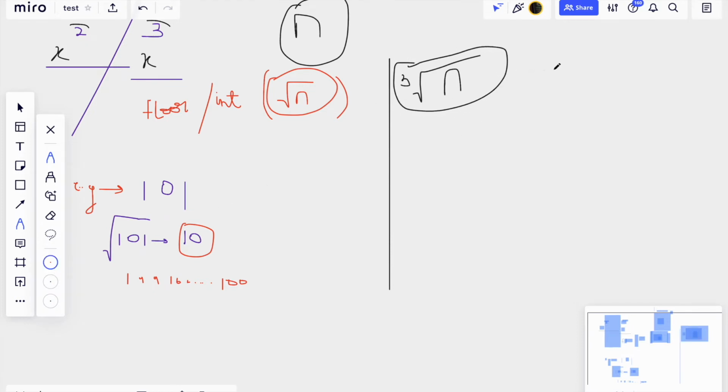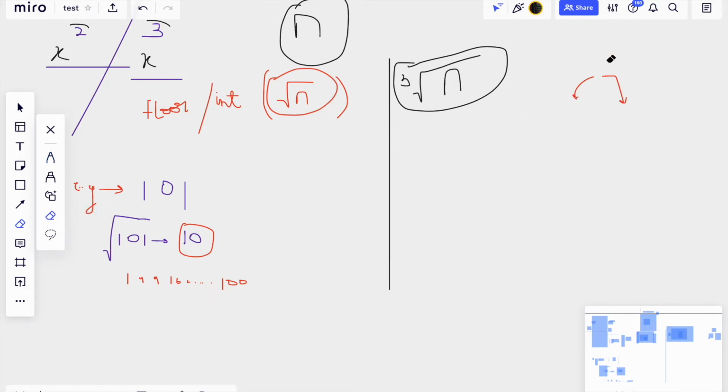Suppose there is a number, take 64. I can write 64 in two ways: it can be written as 8 squared, or it can be written as 4 cubed. So if I directly add this to the answer, then these duplicate cases will definitely arise.